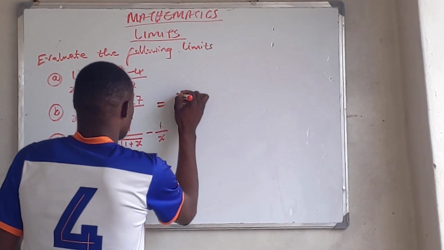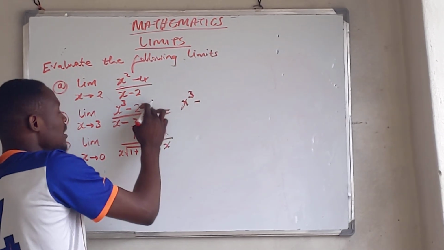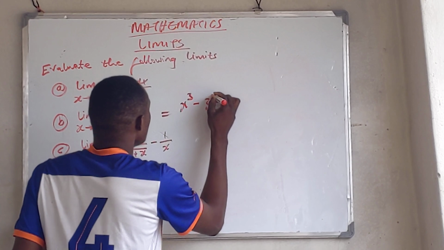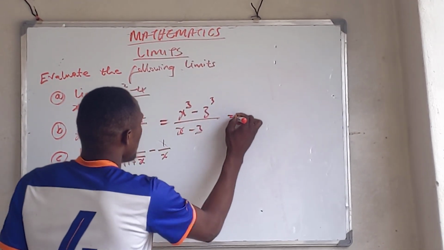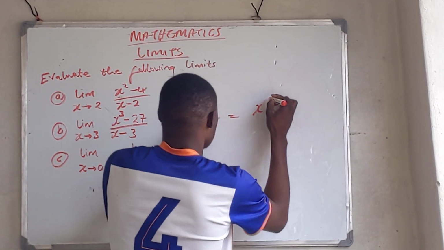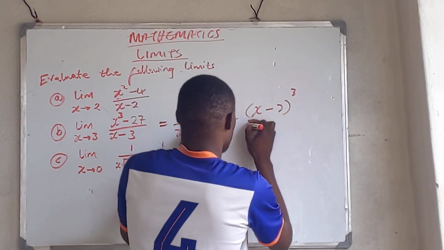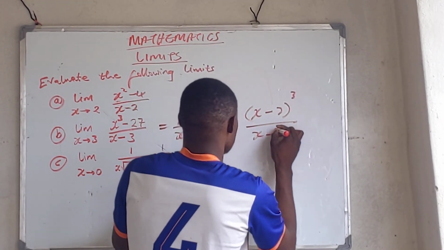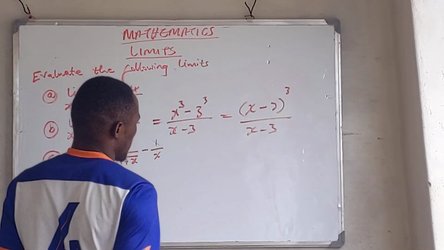We know that x to the power 3 minus 27 can be written as x to the power 3 minus 3 to the power 3, over x minus 3. From there, we'll go ahead and expand this part.